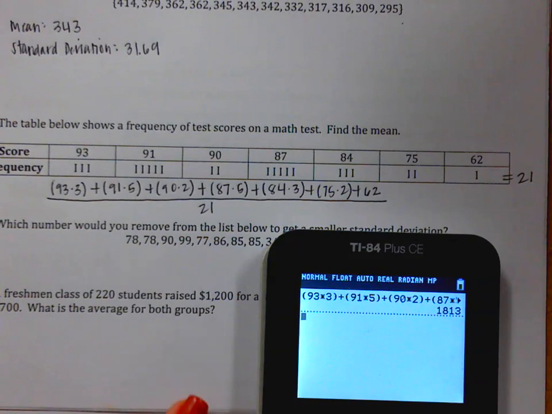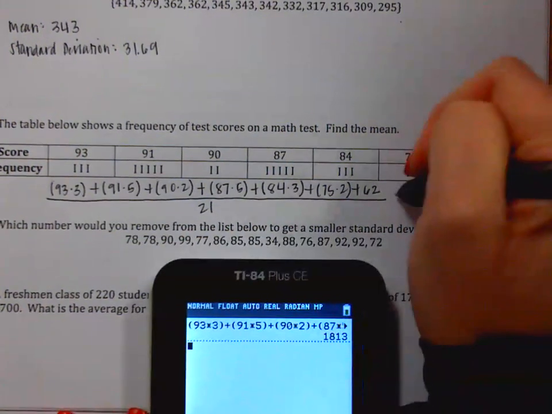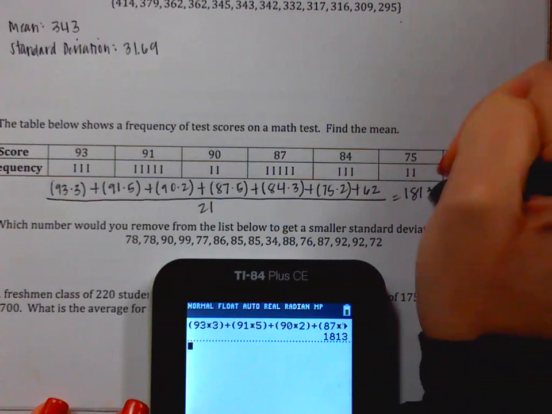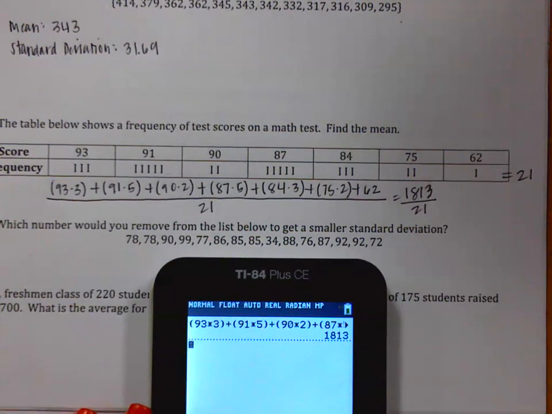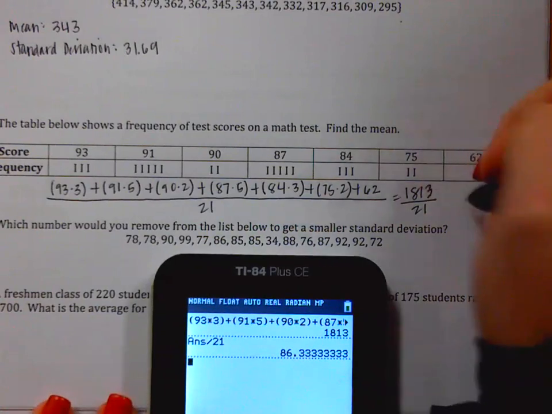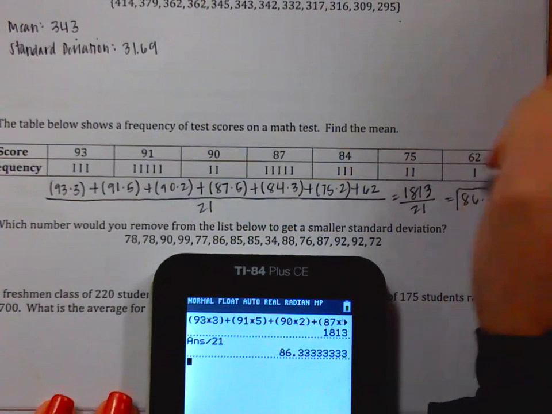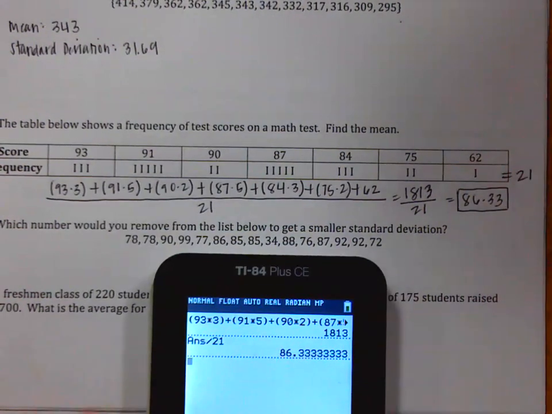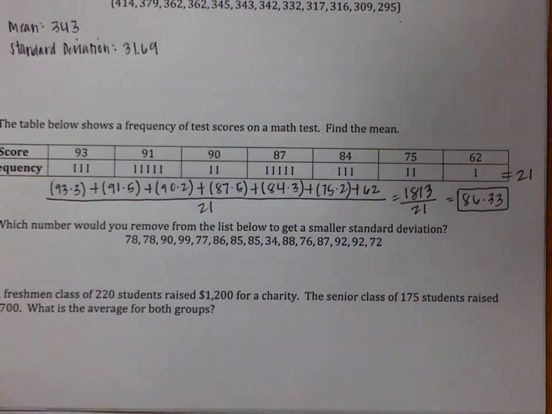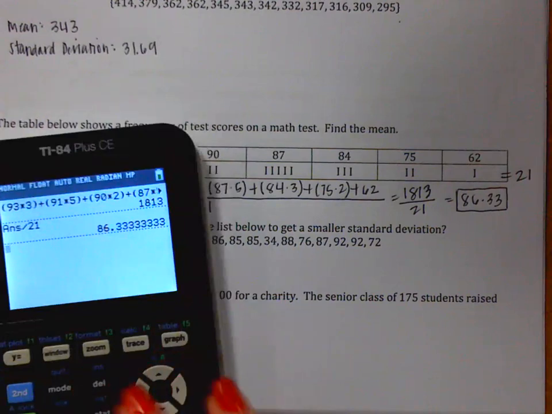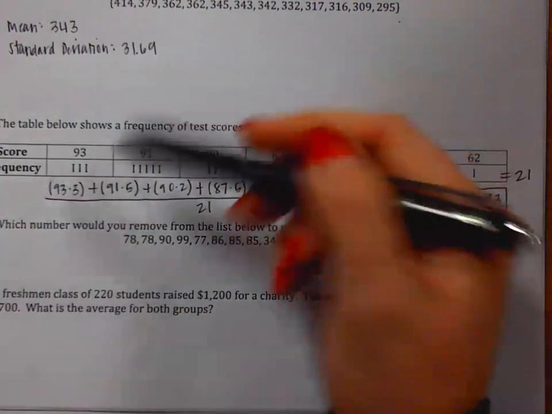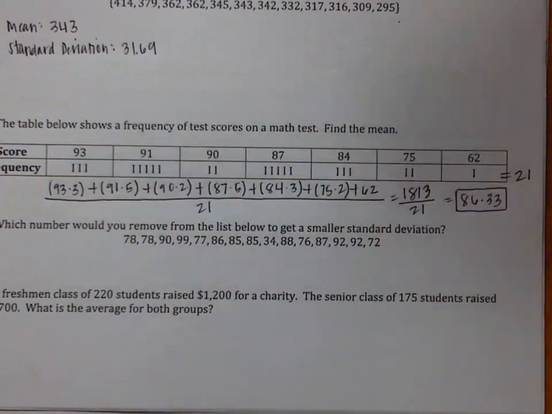And so when I added those all together, I got 1813 on top. Divide by 21, and that gets me a mean of 86.33. If you wanted to plug it in and do stat and type all the numbers in, that's fine. Just make sure when you type it in, you type in 93 3 times and 91 5 times and so on and so on.